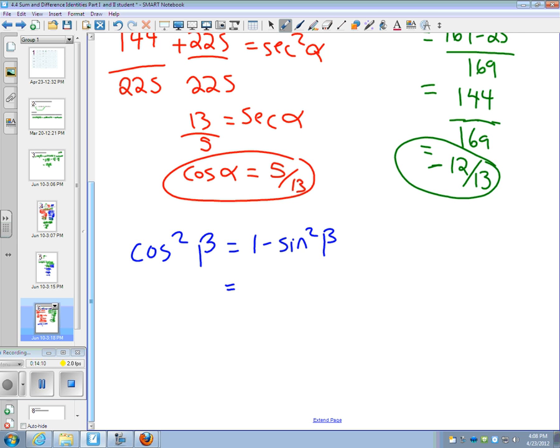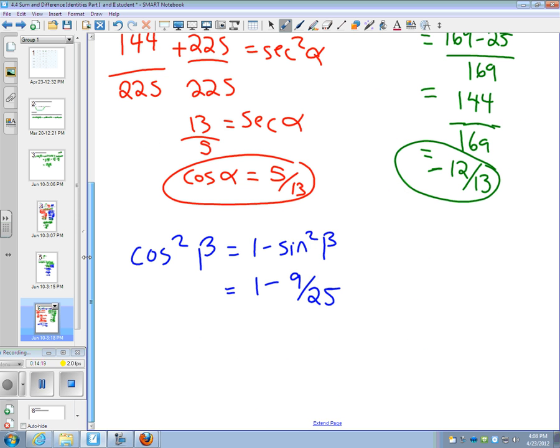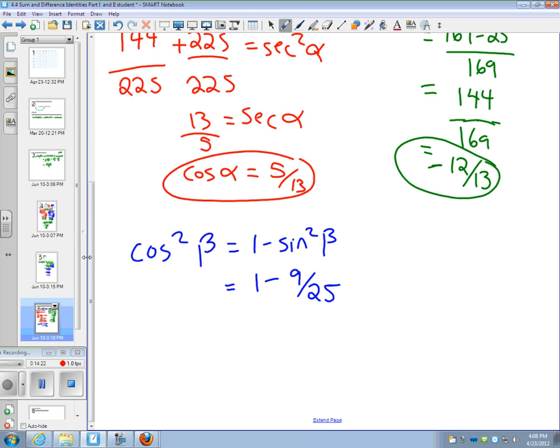That's equal to 1 minus 9/25, because we said it was 3/5, so squaring that would be 9/25. When we figure this all out, we square root both sides, we get the cos of beta is equal to 4/5.